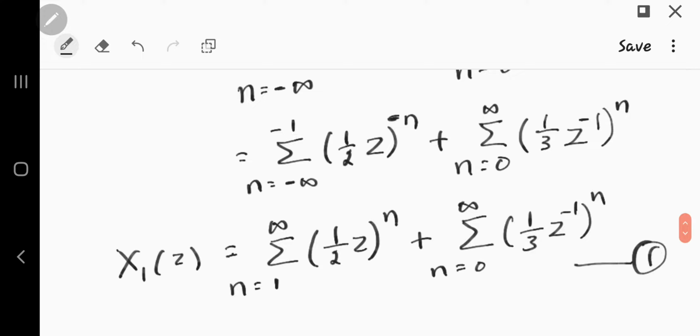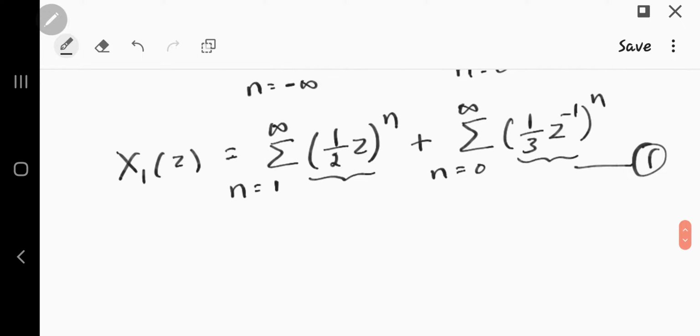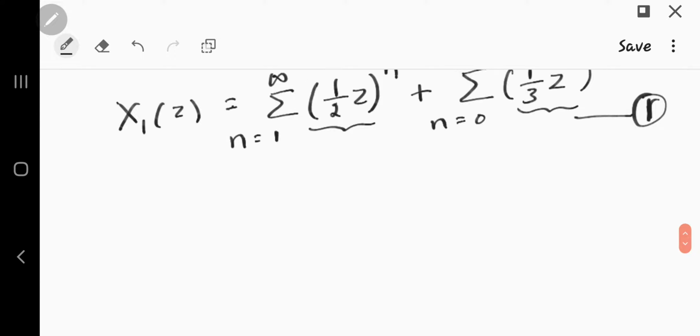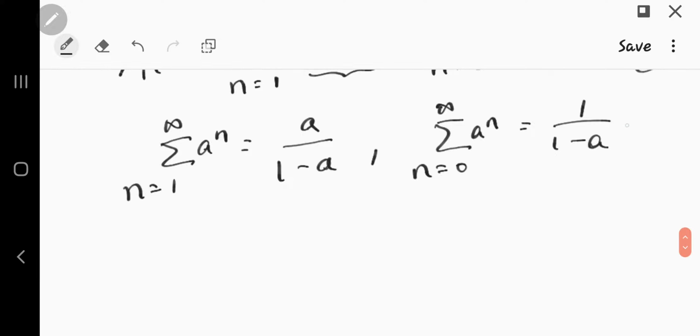Call this as 1, because to get the ROC, these two sums must converge. So that we'll use at the end after finding x1 of z here. Now from the geometric series, if we have the limit 1 to infinity a to the power of n, that is given by a divided by 1 minus a, and if we have the limit from n is equal to 0 to infinity, then it is 1 divided by 1 minus a, in which case mod a is less than 1.